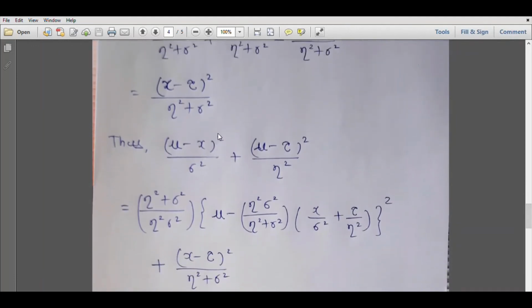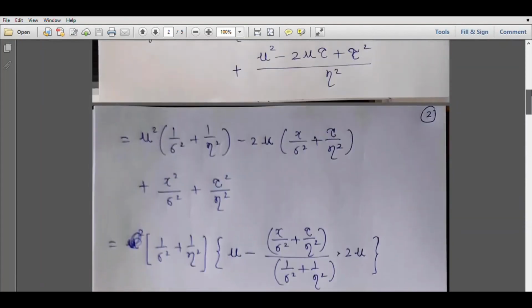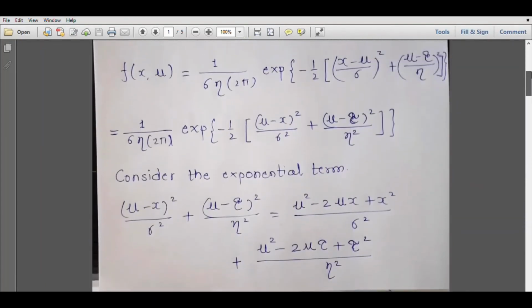So mu minus x whole square upon sigma square plus mu minus tau whole square upon eta square gets simplified to these two square terms. So let us put them back. Back means these terms were borrowed basically from the joint density of x and mu from here. So let us put the final expression for these two terms here.